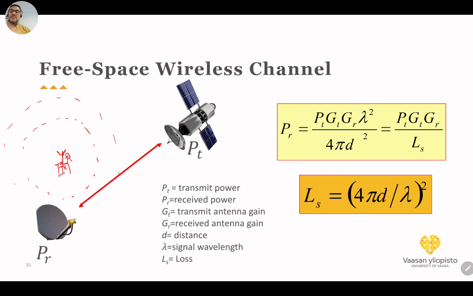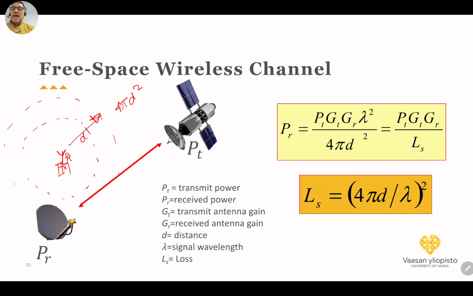Now you are at a distance d from your source. What will be the area of the ball which has radius d? This area will be 4 pi d squared. This is the area of the ball which has radius d.